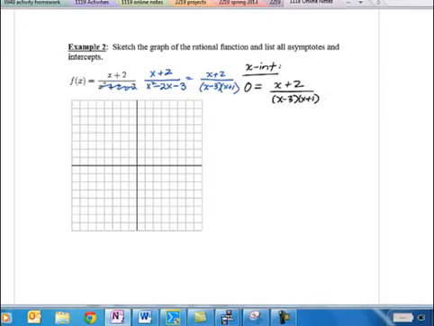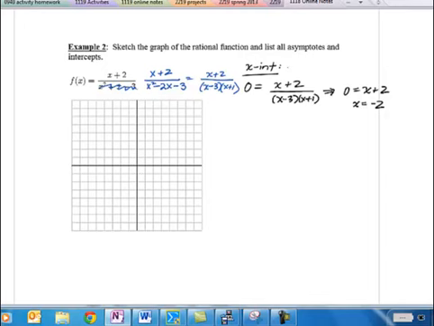On the previous page I had written that the x-intercepts were just the zeros of the numerator. And remember, here's why. If I have this fraction equal to 0, I can multiply both sides by x minus 3 times x plus 1, and this is equivalent to 0 equals x plus 2. So we only care about the numerator 0.